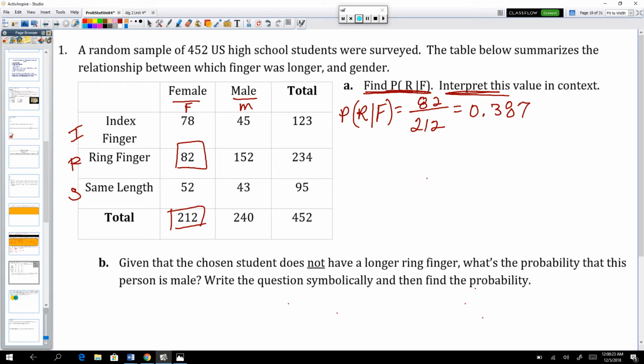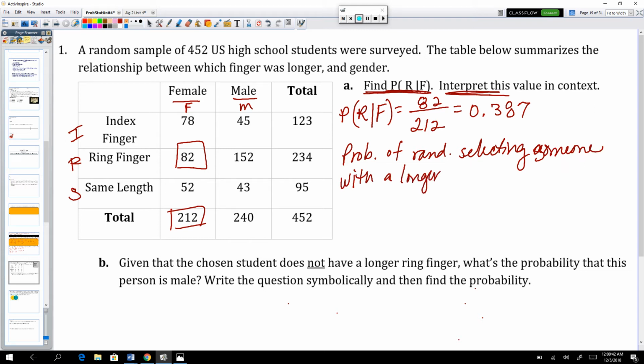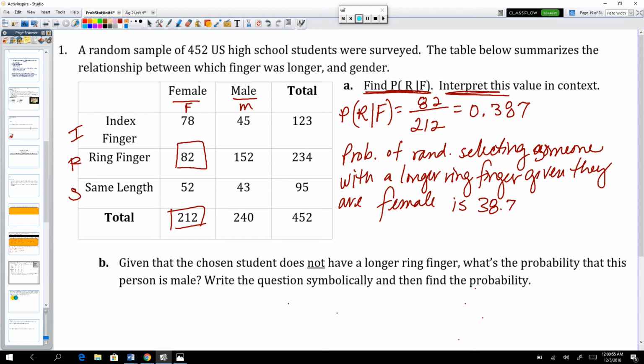So you'll say the probability of randomly selecting someone with a longer ring finger given they are female is 38.7%.